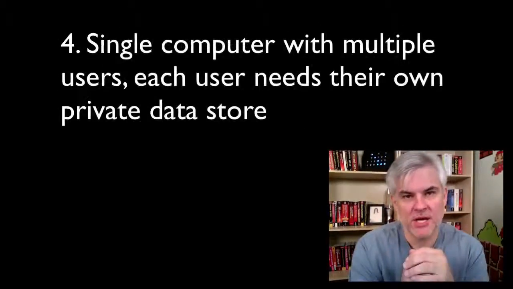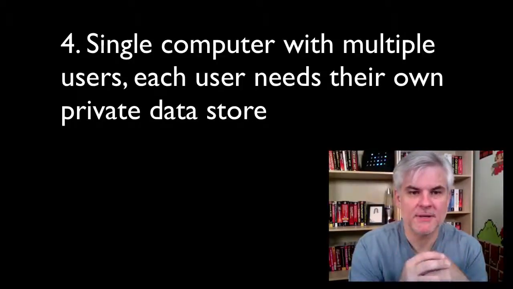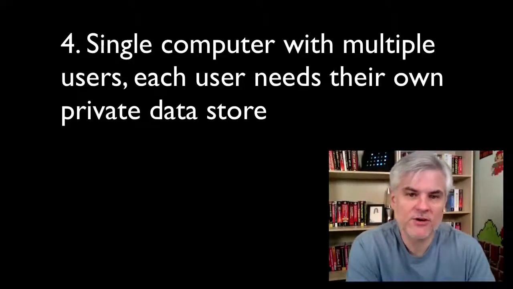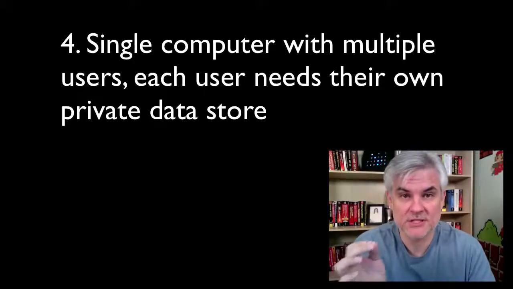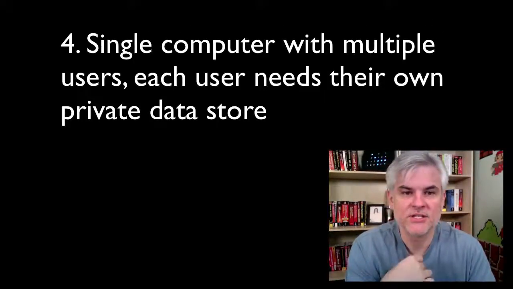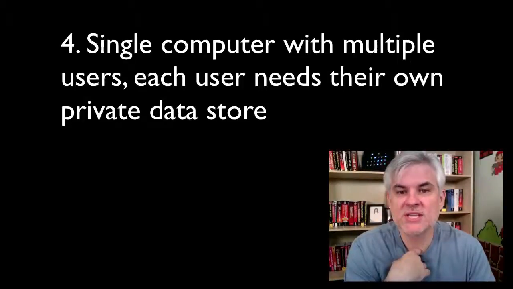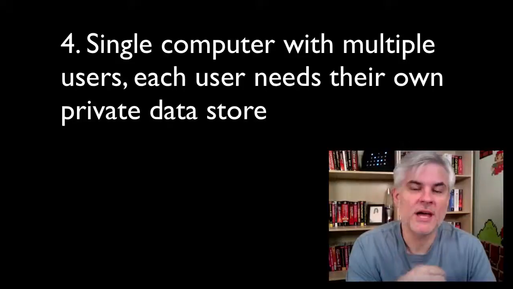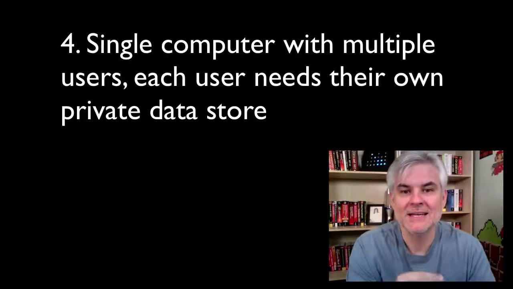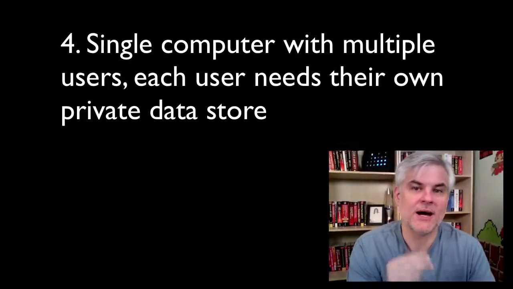The fourth scenario is that of a single Windows application running on a single desktop. The data is private to the current user. Now, there could be multiple people using the same computer, like in a household. They each have their own login and so forth. And so they each can save their own private version of the data on that computer, but each user in the household cannot see the data that has been saved by each specific user.